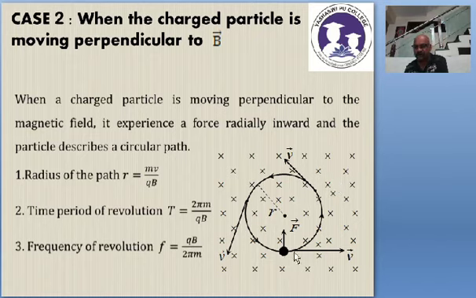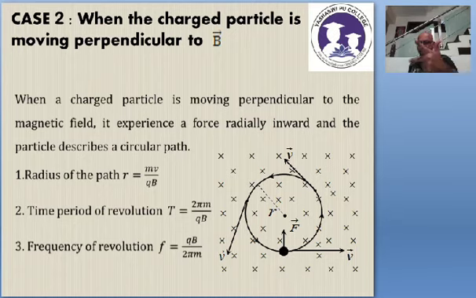The dot represents the charge, which at this point is moving, say, along the positive x-axis with a velocity v. The magnetic field is applied perpendicular and inwards, say along the z-axis, and the force experienced by the charge is along, say, the positive y-axis.